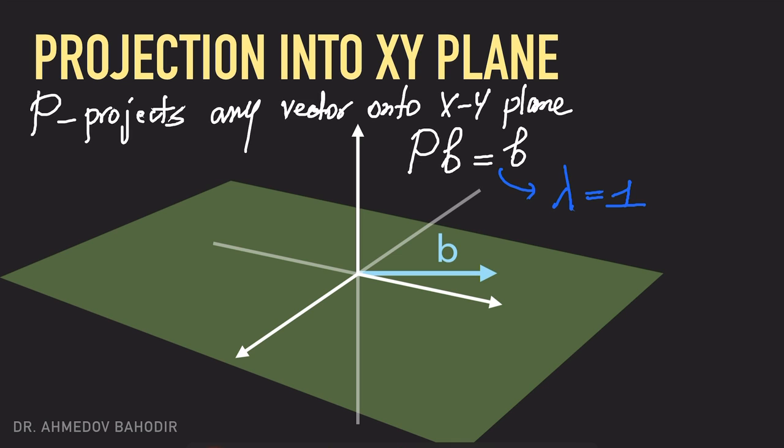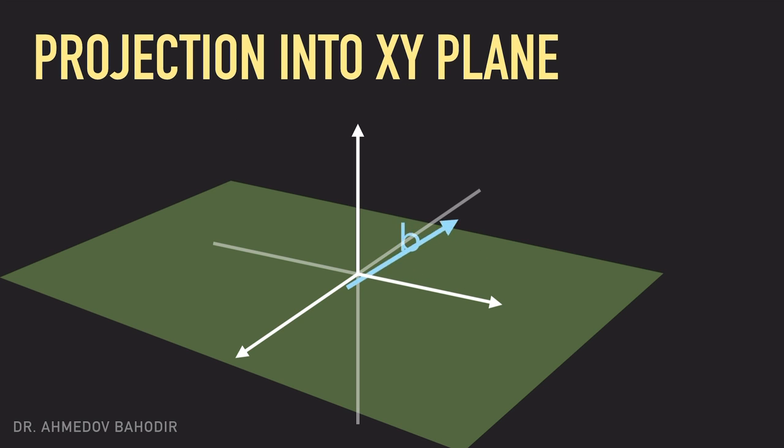You can pause this video and think about this in more detail and figure out the vector B so that its projection is going to be parallel to itself. Well, probably I need to choose the vector B along the z-axis. Then the projection of this vector B onto the xy plane would be simply the 0 vector, right?